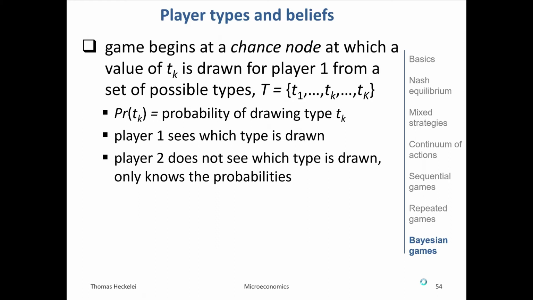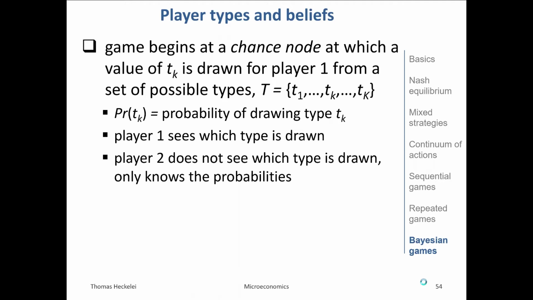So in order to model the uncertainty in the type of player one, we introduce something called a chance node. What is that? It just simply means another decision node added to the game, but in the very beginning. Sometimes in the literature, it's also called the move of nature.